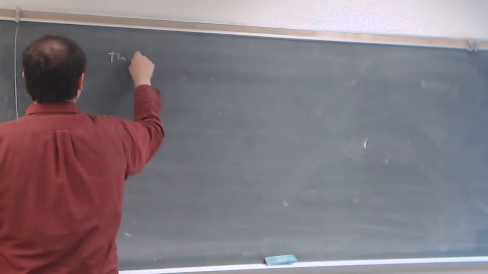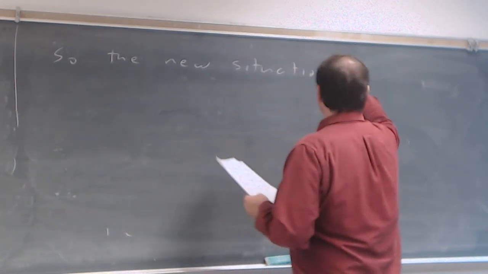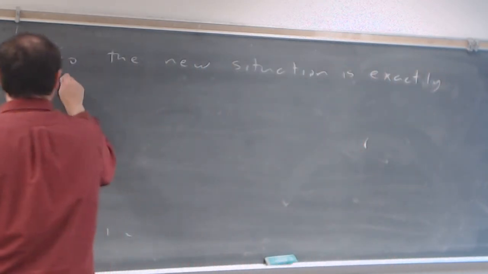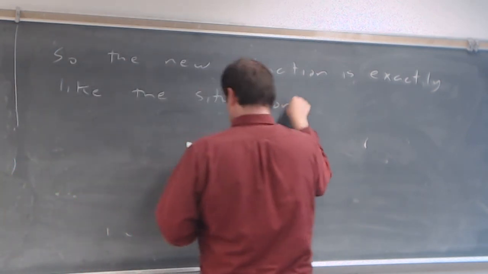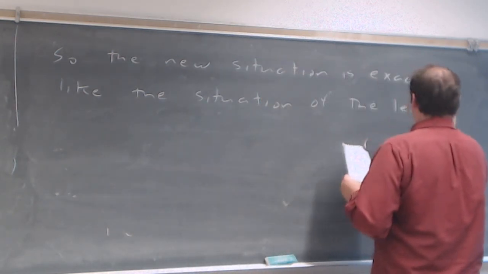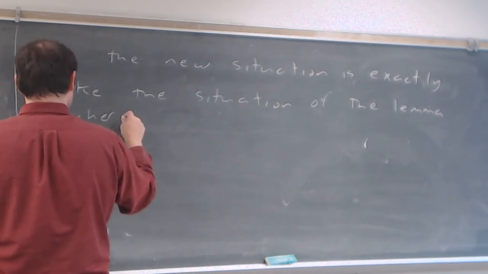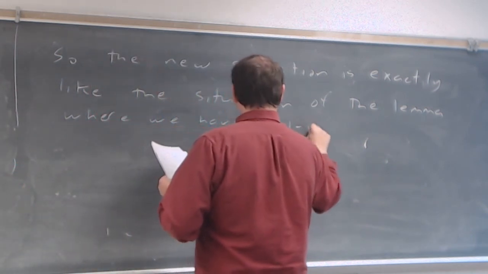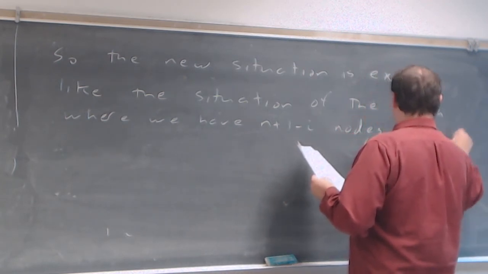So the new situation is exactly like the situation of the hypothesis of the lemma, where we have n plus 1 minus I nodes, and k is equal to I.